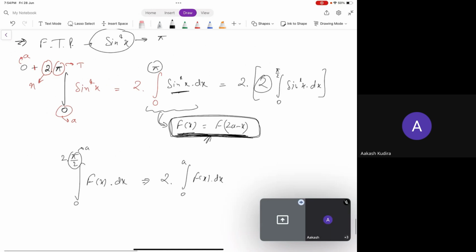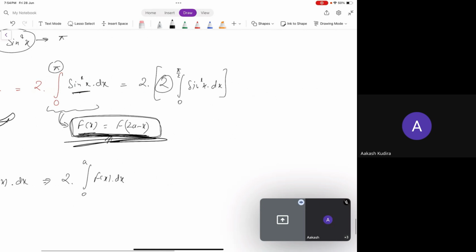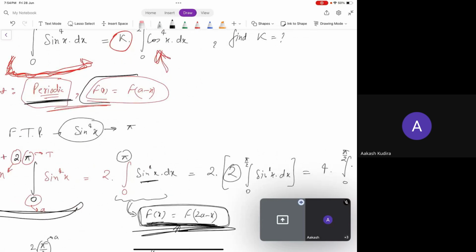Now I actually applied here three properties. One is the periodic property, the second is this property. Now see here, this is 4 multiply 0 to pi by 2 sine power 4x dx. Now I will apply this property here. I don't know the name of this property actually.